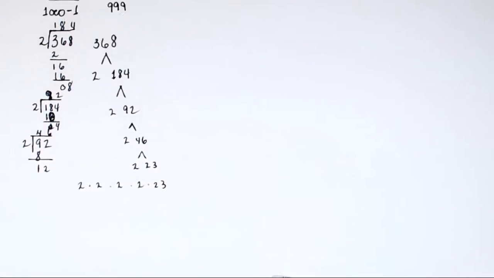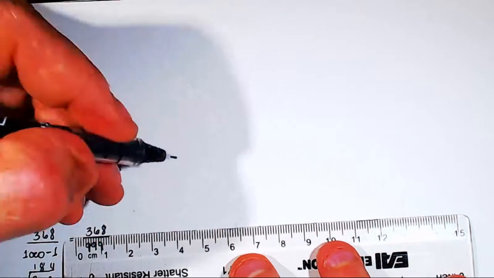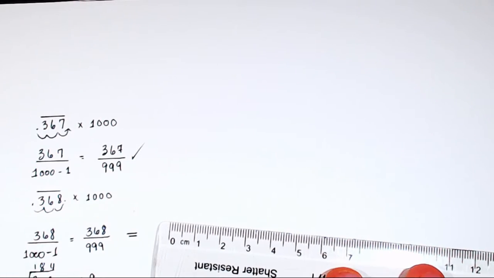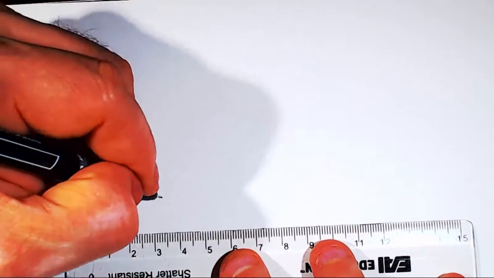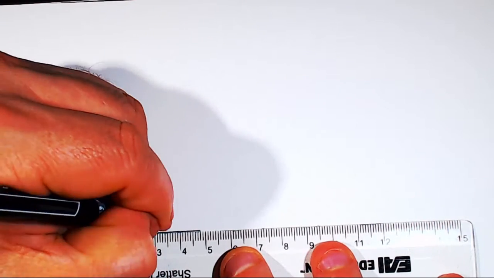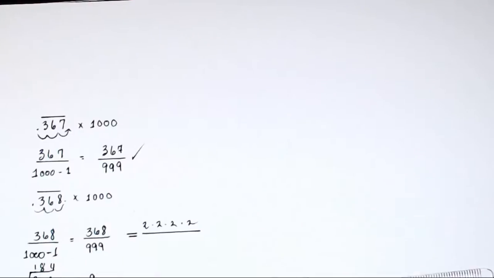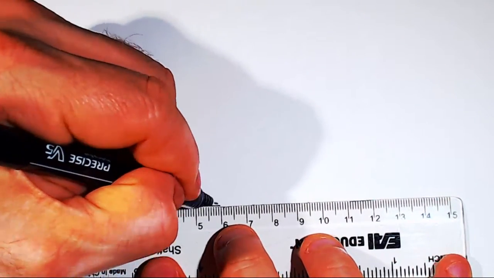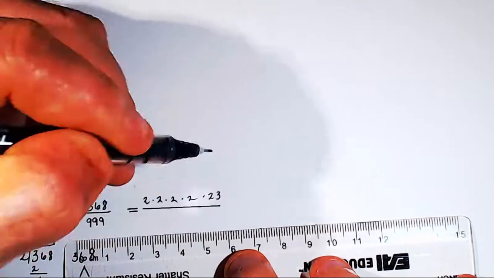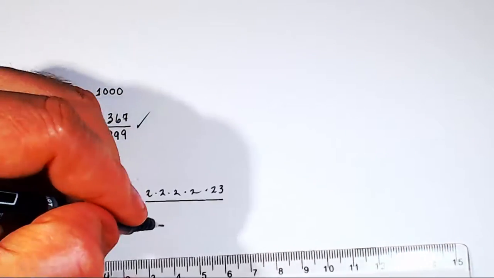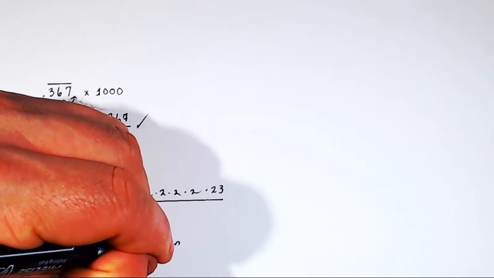Okay, so let's go up here and write that. This equals 2 times 2 times 2 times 2 times 23. All right, now on the bottom we have 999. Well, what is the prime factorization of 999?